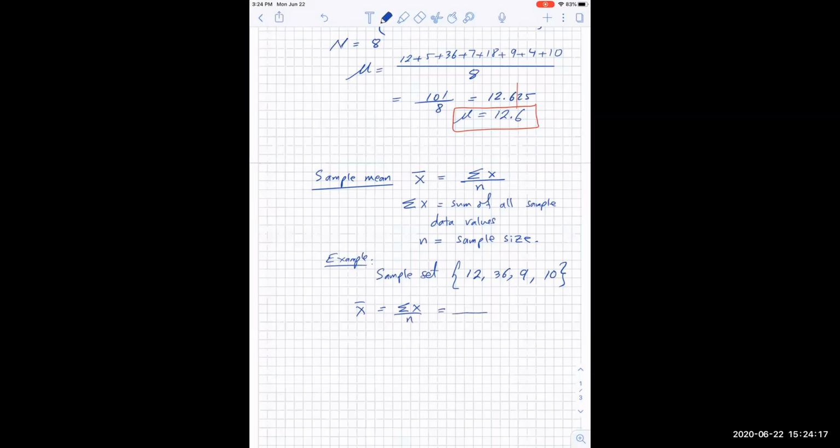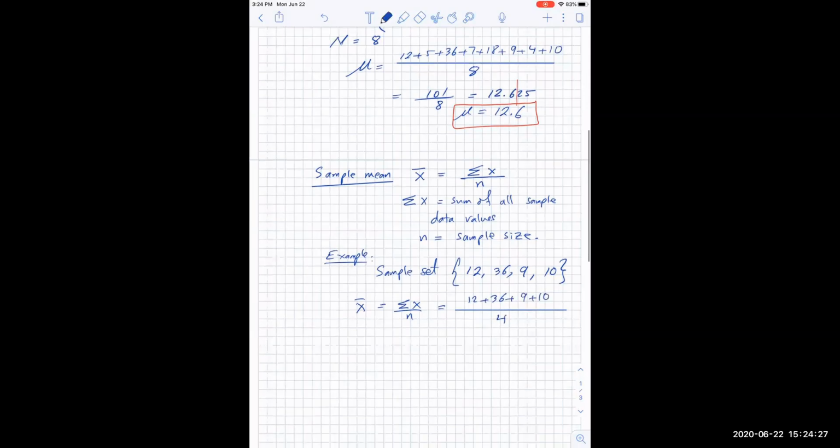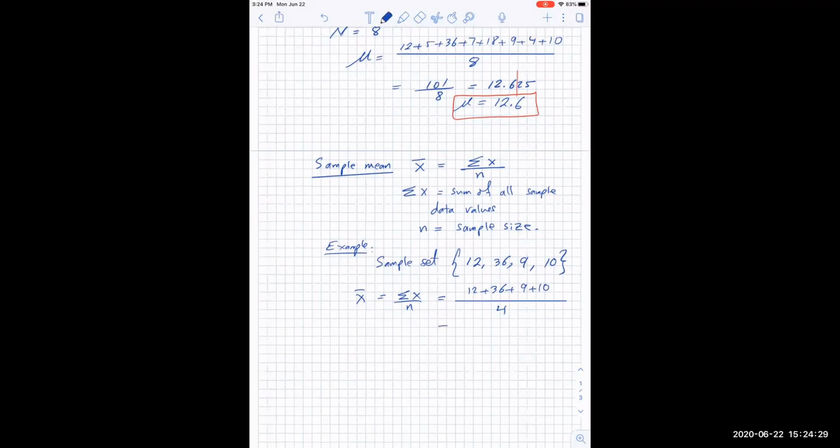So that means 12 plus 36 plus 9 plus 10 over 4. I have only 4 values, and that gives me 67 over 4.